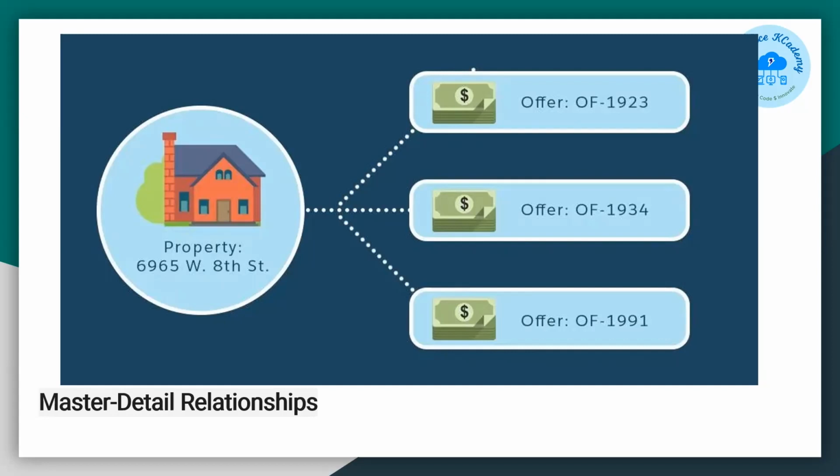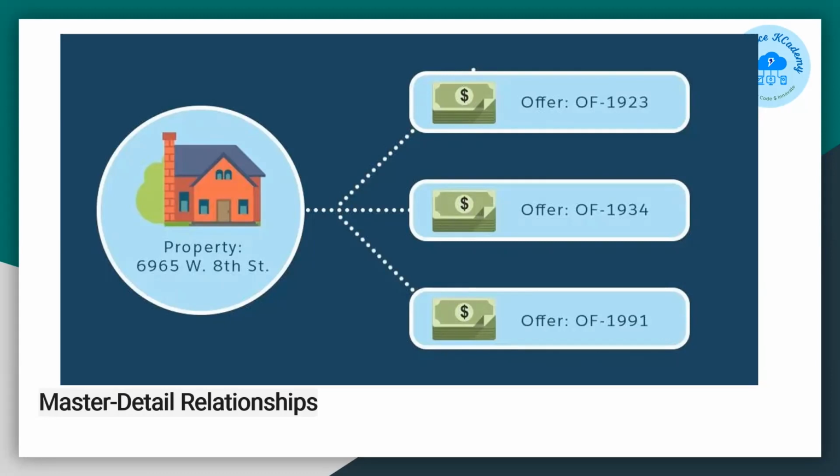I want to use the offer object tightly bonded with the property, because I don't want to use this offer anywhere else or with any other property. I just want to use this offer object with one property record. I mean, each offer record I want to associate with a single property record.